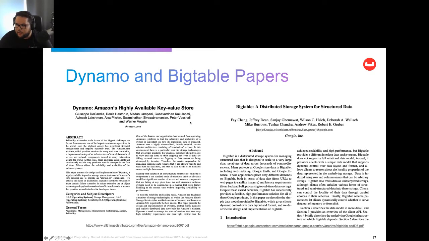Those two papers were very influential in the NoSQL world. After this, we had the big bang of NoSQL databases. A lot of folks started implementing the concepts explained in those two papers.